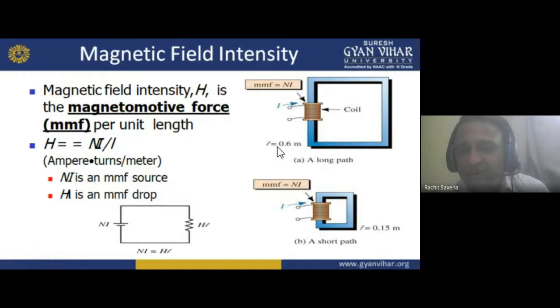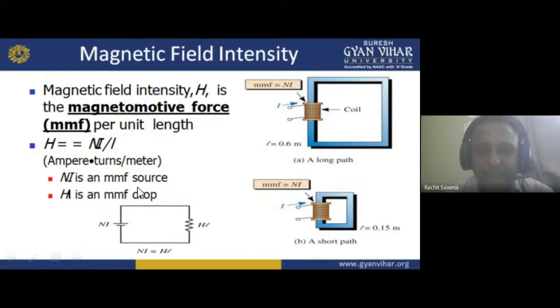You can calculate the decimal value, 180 point something, whatever it is. Similar to that one here, 10 into 2, that is 20, where 2 is your current value and turns are 10. Then 20 divided by 0.15 is your intensity value.